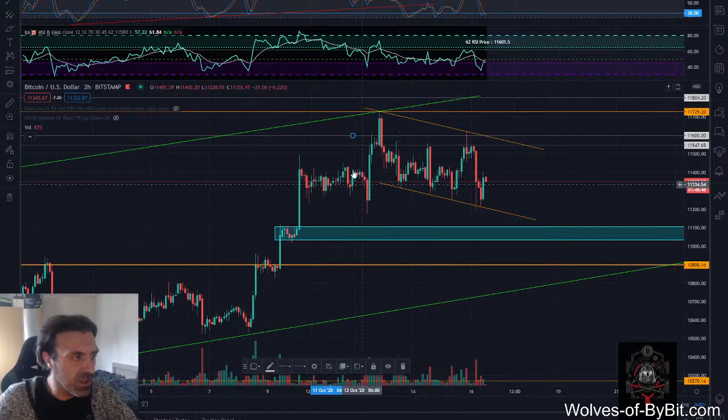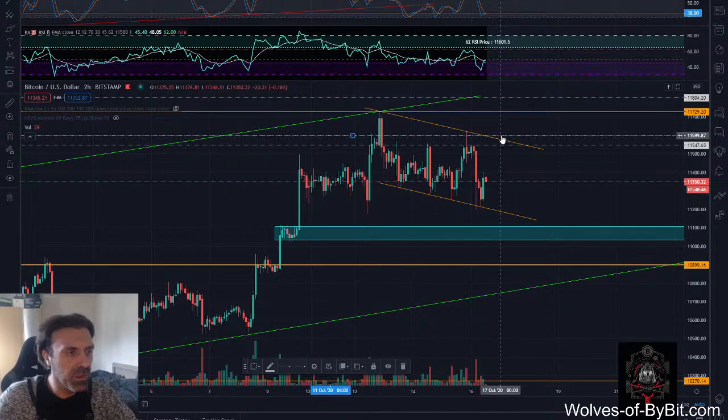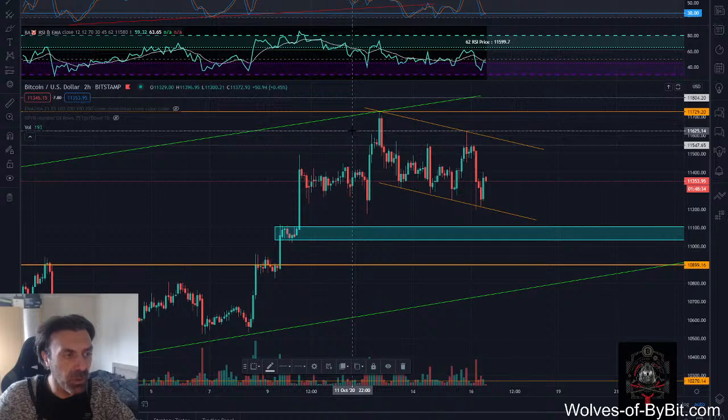Now let's just, for funs and giggles, put this little line here. If we manage to break above and close above it, then probably, I'm just going to play it safe, and I will take the wick of this high. There we go.